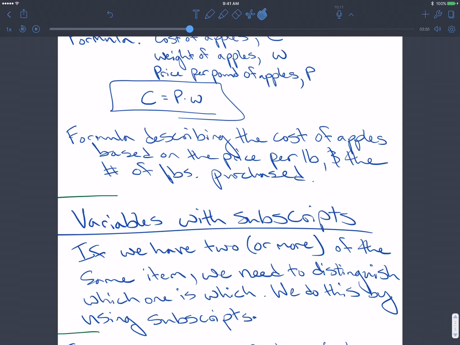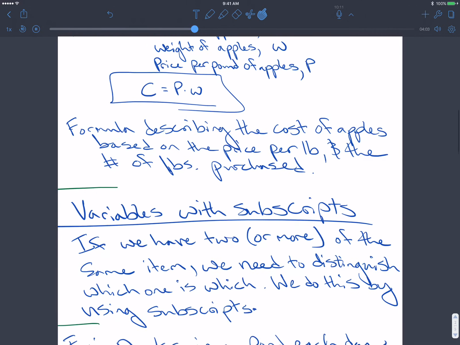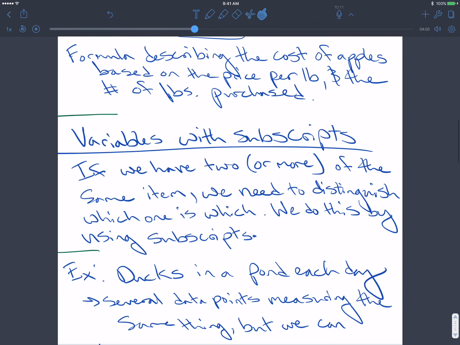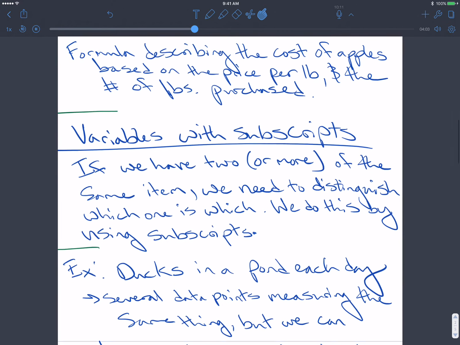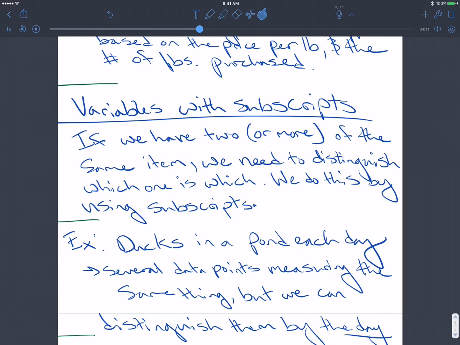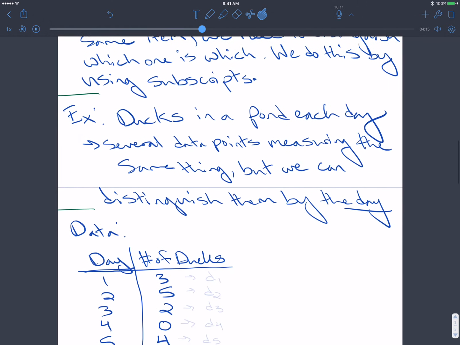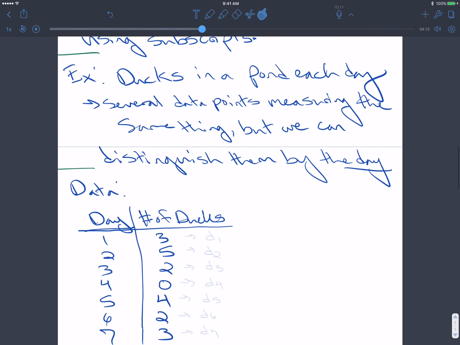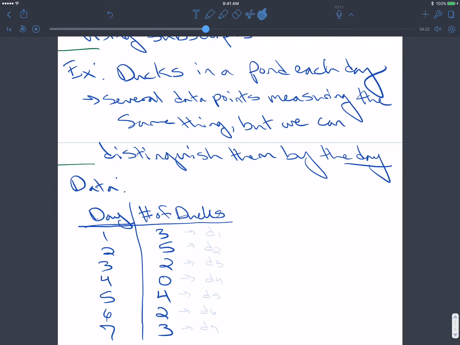We have to do this by using subscripts, because if they're the same thing but they were taken at different times, for example, if we're measuring the number of ducks in a pond each day, then we're going to have several data points that are measuring the exact same thing, but they can be distinguished by which day we're measuring. So I have a set of data here for days numbered 1, 2, 3, 4, 5, 6, 7, and then the number of ducks that were in the pond on each of those days.